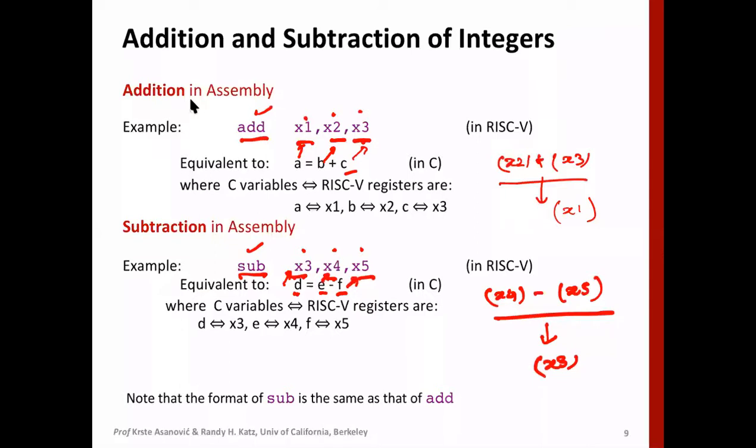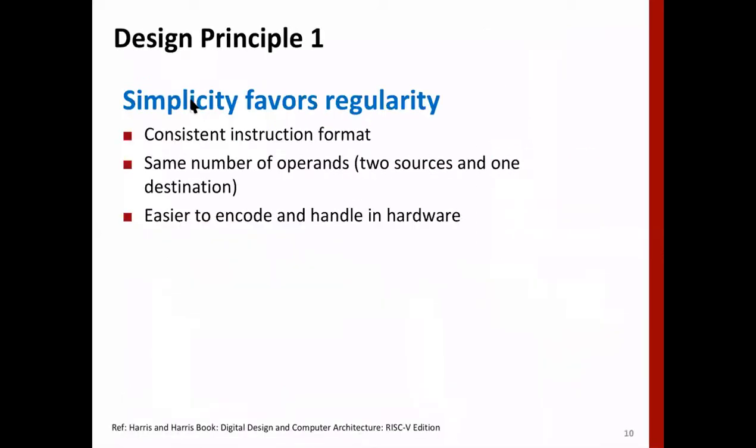You need 5 bits to code a register with 32 registers, so to represent each register you just need 5 bits. So now both instructions are very similar. From this we have design principle one, which is simplicity favors regularity.